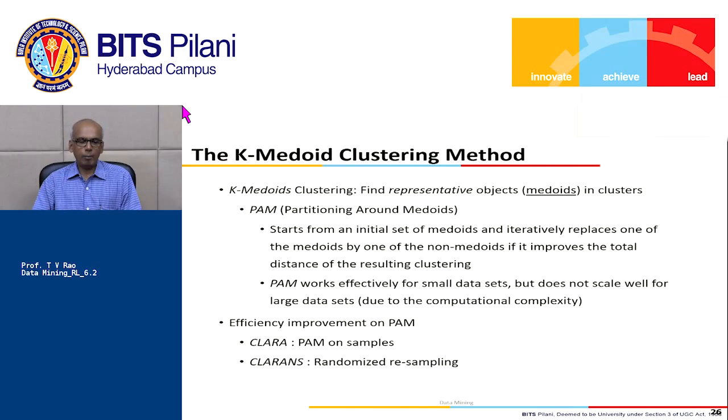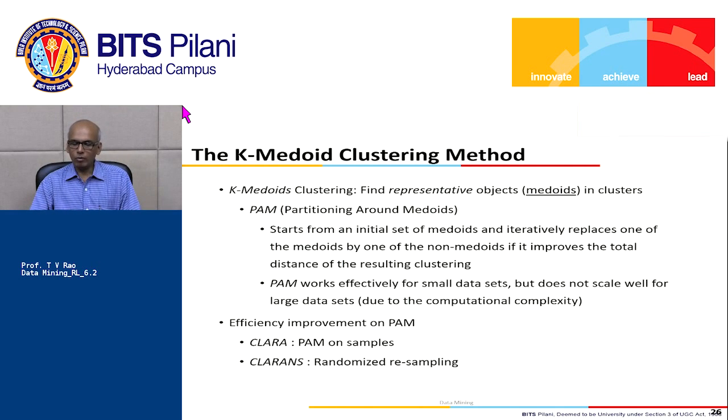If we are looking at partitioning around the medoids, there is a popular algorithm, PAM. Here, instead of arbitrarily choosing some centroids, we choose k points within the data. Then we measure the distance, and we create the clusters around these k medoids.